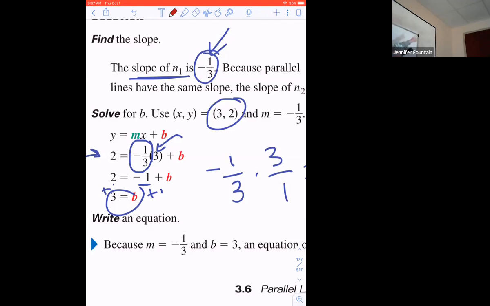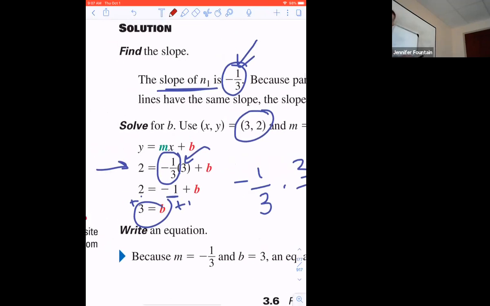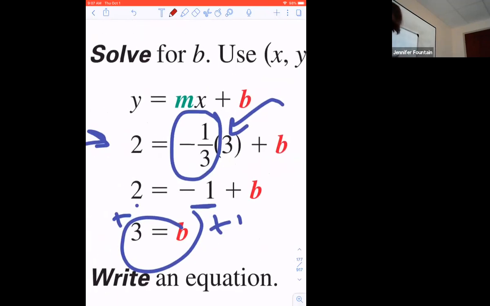So if I'm trying to find the equation of a line and I have to have the y-intercept, then what I'm going to do is use this ordered pair here and plug it into my y equals mx plus b equation. I'm going to plug in the value of x and the value of y to solve for b.